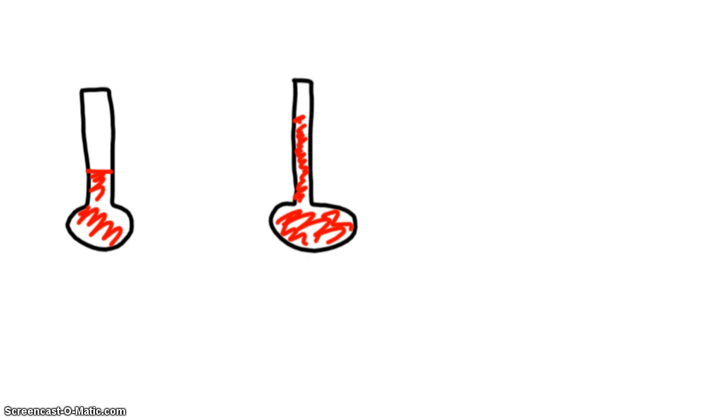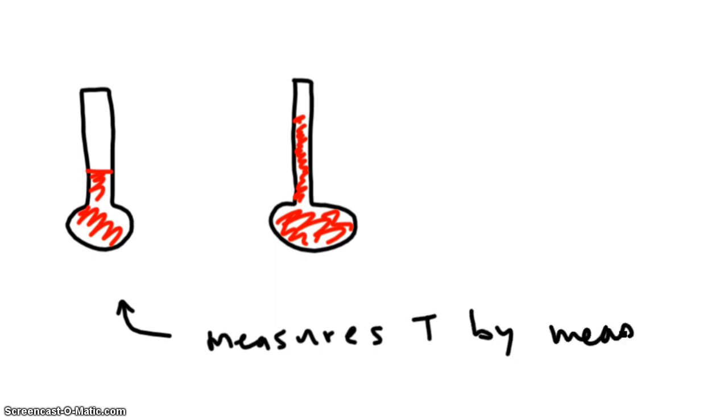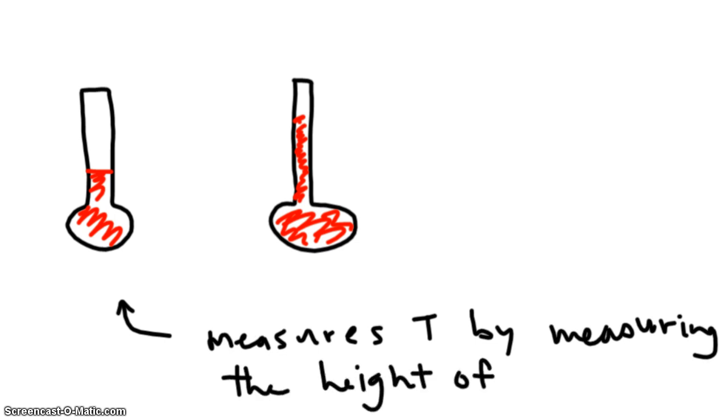So how does this particular device, this old analog thermometer, measure temperature? It does so indirectly. It measures temperature by measuring the height of the mercury column.